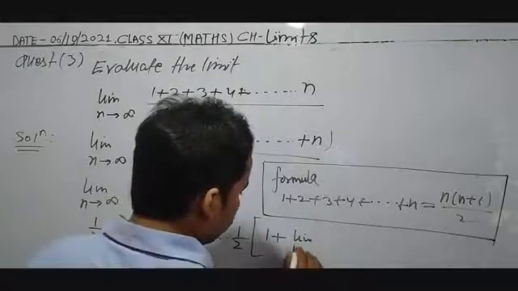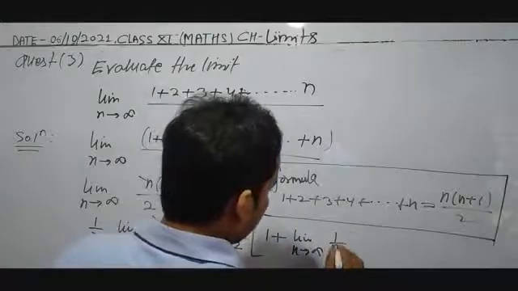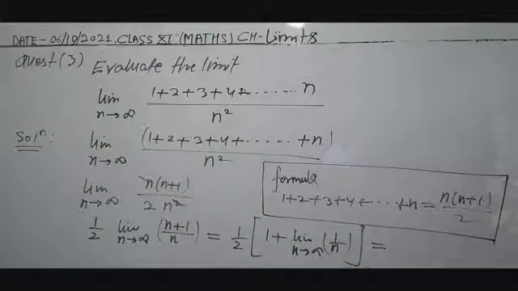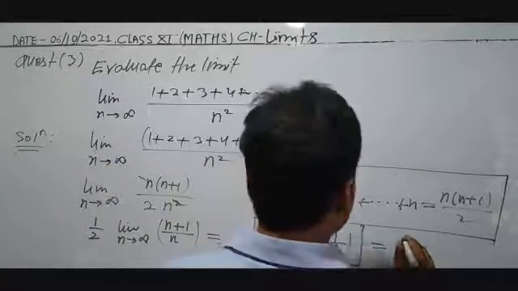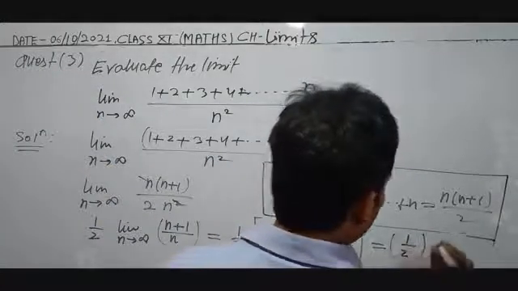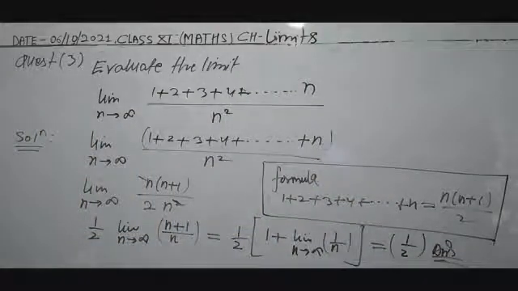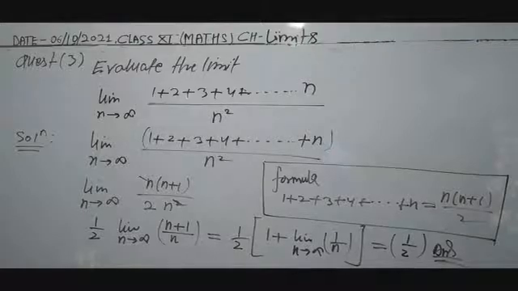So limit n tends to infinity 1 by n, the result will be 0. So 1 by 2 into 1, the result will be 1 by 2. Now 1 by 2 is the answer.